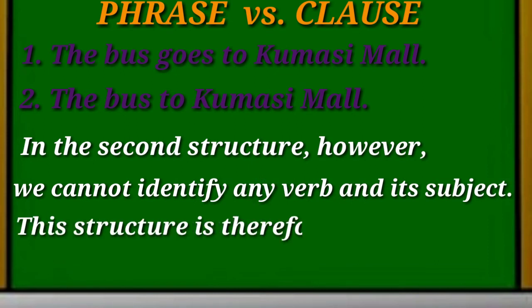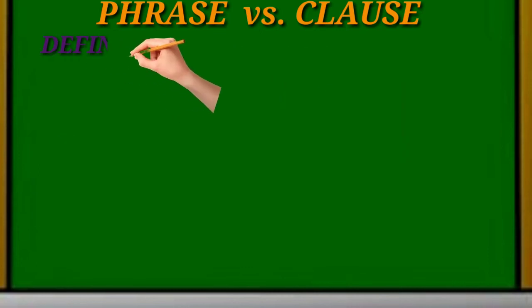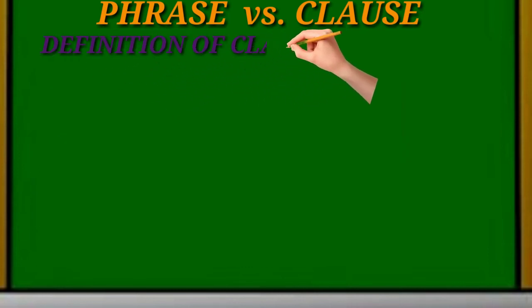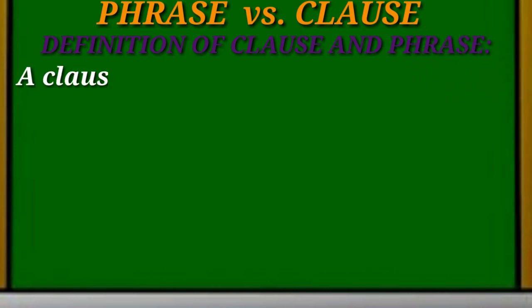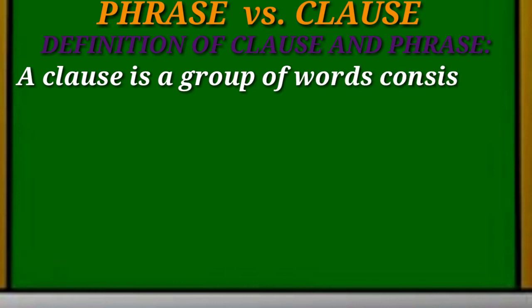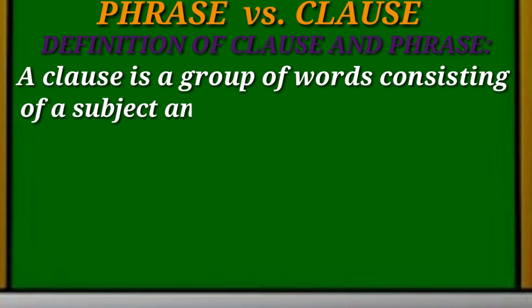This structure is therefore a phrase. Now let's look at the definition of clause and phrase. A clause is a group of words consisting of a subject and a verb.